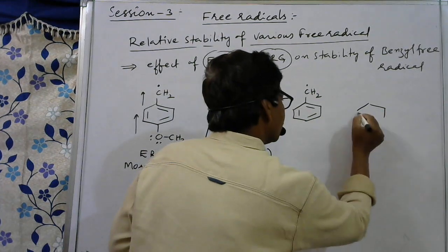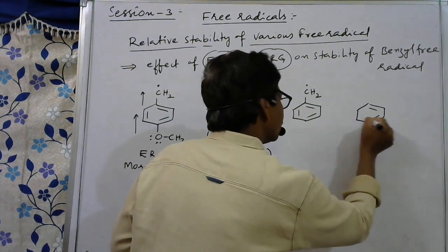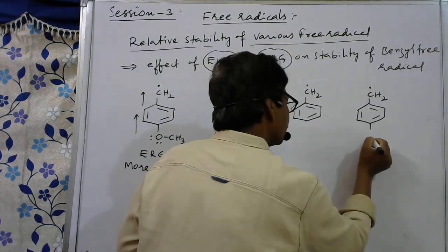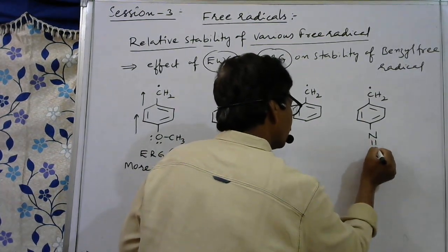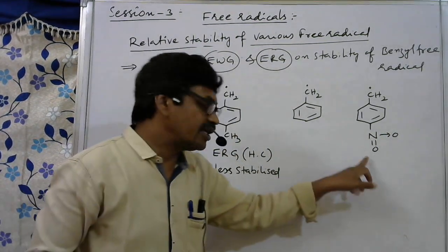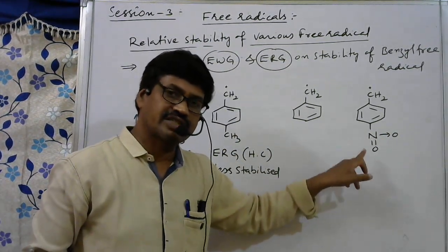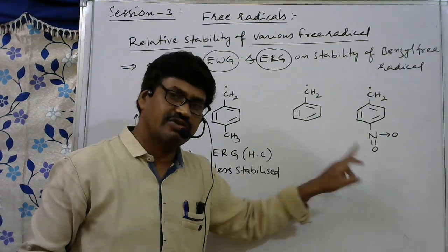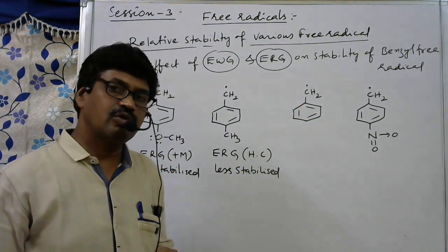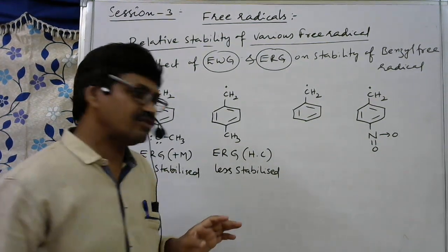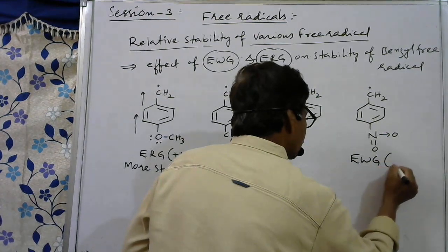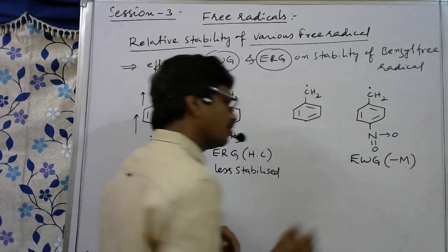Then I am writing an electron withdrawing group now. CH2 dot benzyl free radical, but at the para position I am writing N double bond O, the nitro group. Otherwise aldehyde group, carboxylic acid group, cyanide group or ester, whatever it may be. The key atom must contain a multiple bond with a more electronegative atom; then we can say it is an electron withdrawing group. This is EWG due to the minus M effect or minus R effect.